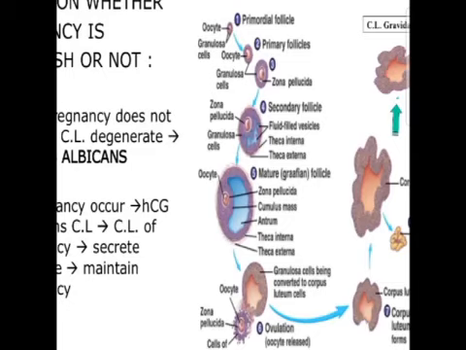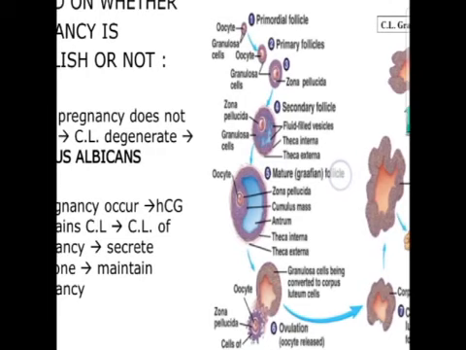Then there is the mature Graafian follicle, in which there is an oocyte surrounded by the zona pellucida, and it is attached to the wall of the follicle with a heap of cells called the cumulus oophorus, and there is a big cavity inside which has got the liquor folliculi.